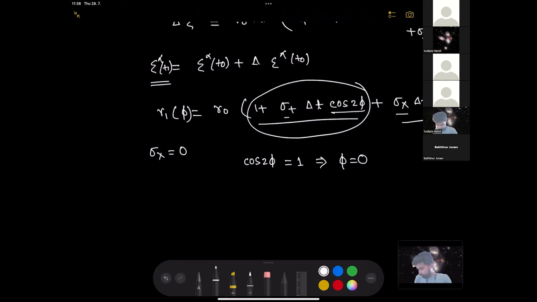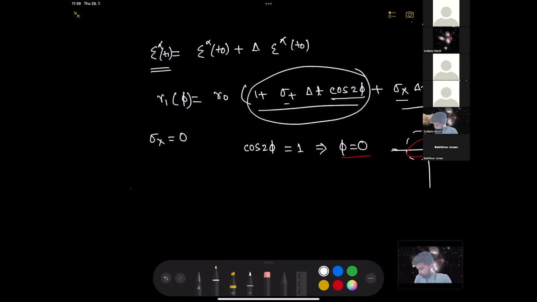So in this case, let's say it was our circle, and it has become an ellipse. The major axis is oriented along phi equal to 0. So you see that it is on the axis and completely aligned.